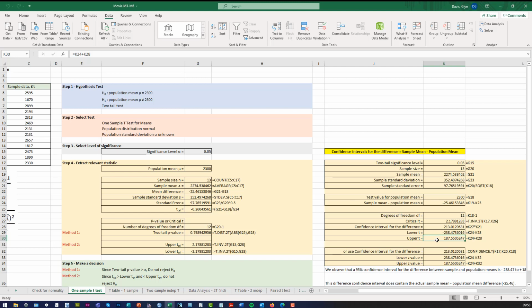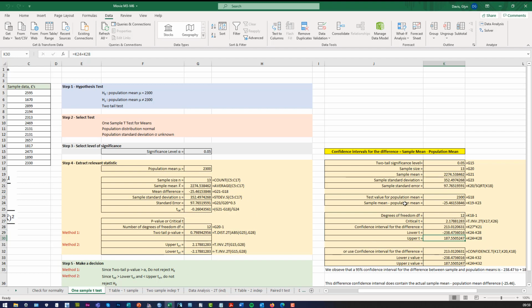You can see that our difference, sample mean minus population mean, lies between those numbers. So you would conclude that it's not in the extreme zones, and that the evidence suggests you would accept the null hypothesis. You get exactly the same conclusion as in the standard hypothesis testing procedures.